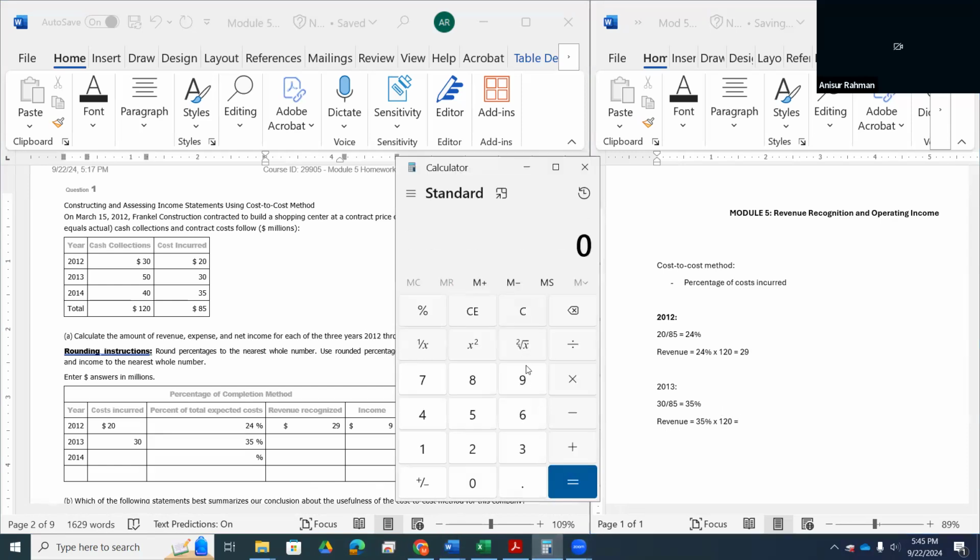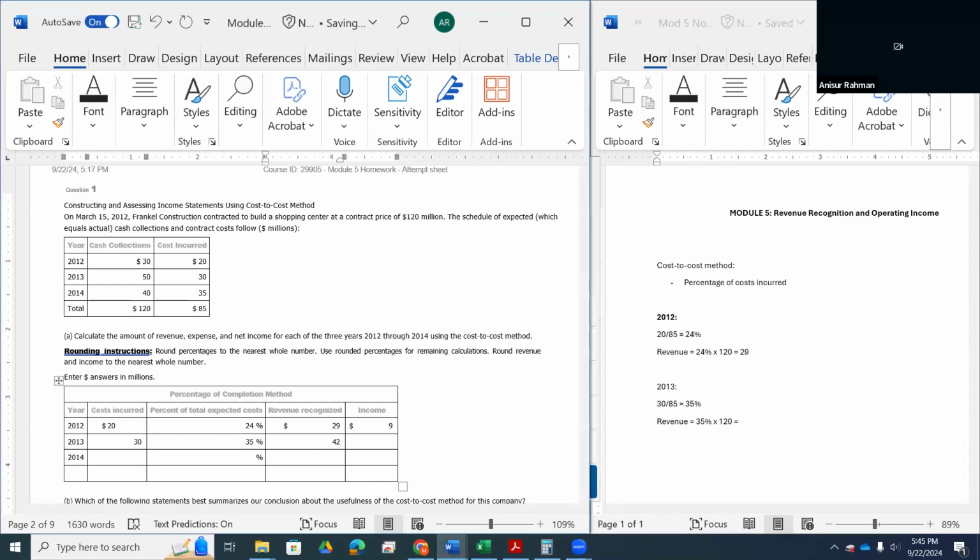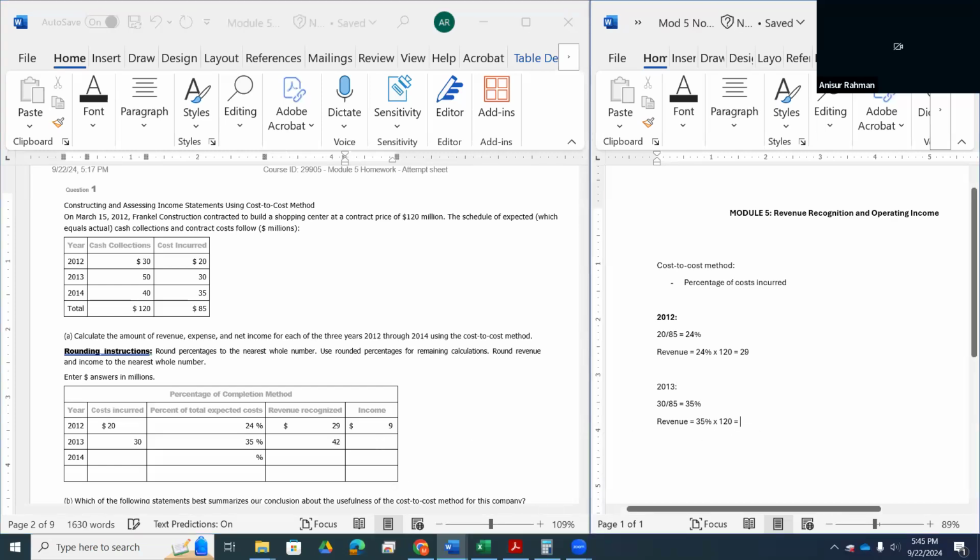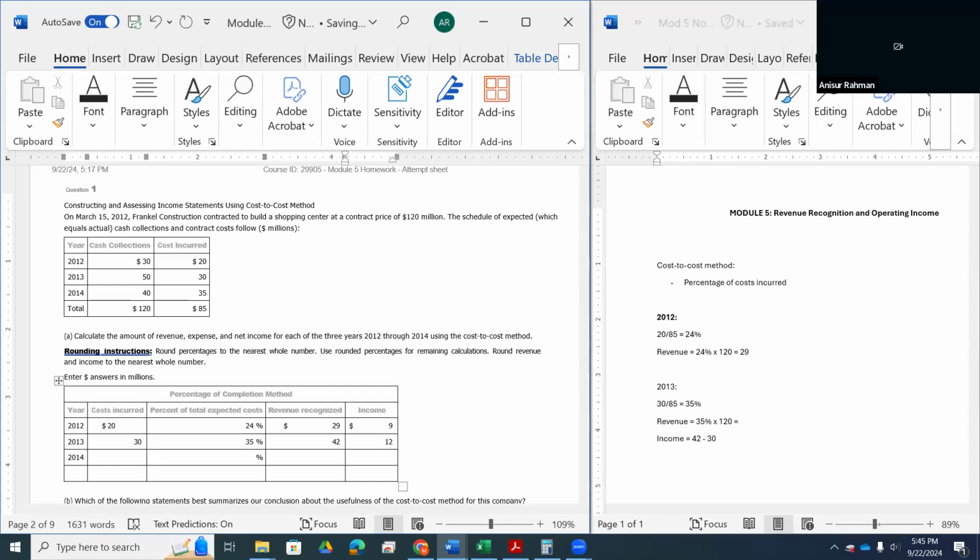We will get $42 million for 2013. Our income will be revenue 42 minus our cost 30. So $12 million.